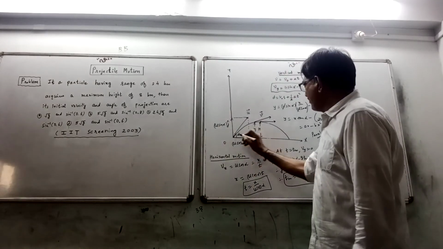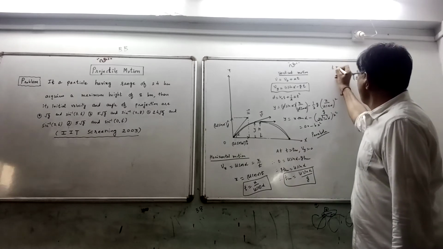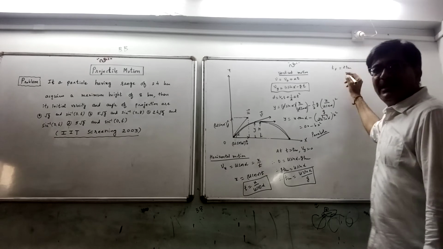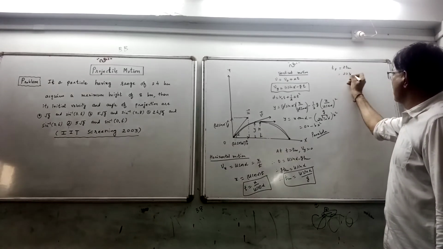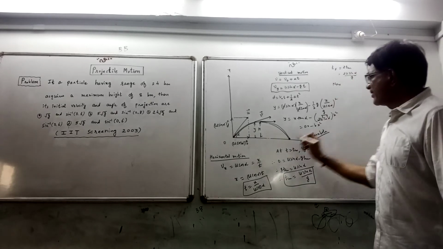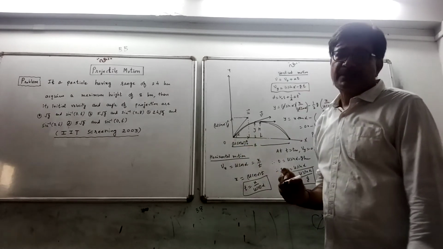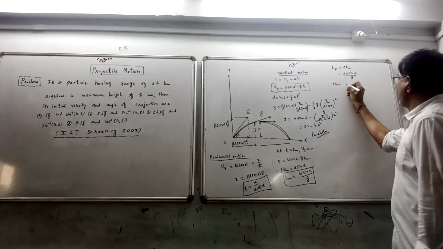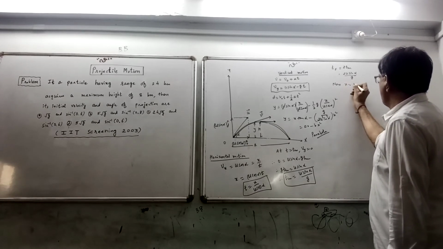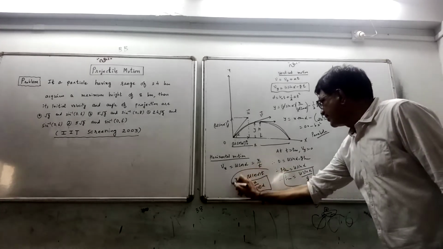Now the time taken to reach this level will be Tf, the time of flight. That will be equal to 2 Tm, and that will be 2u sin alpha upon g. Now this is called the range, the maximum horizontal displacement. So when we take x equals R, we have to take t equals the time of flight in this equation.